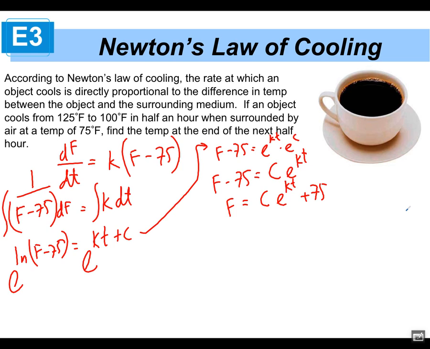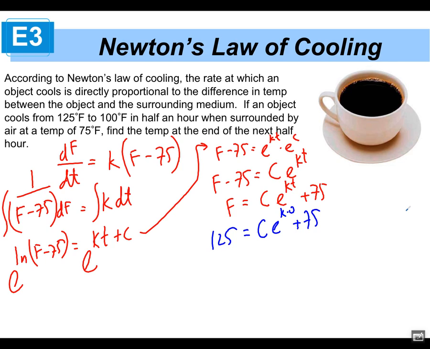Okay, now we've got to find C and we need to find k. How? What do you know about your initial conditions? Starting at 125 degrees. Right, so when t equals 0, you're starting at 125 degrees. So this is 125 when t equals 0.